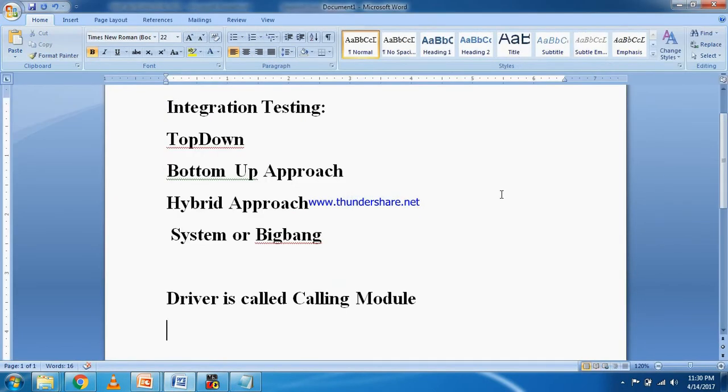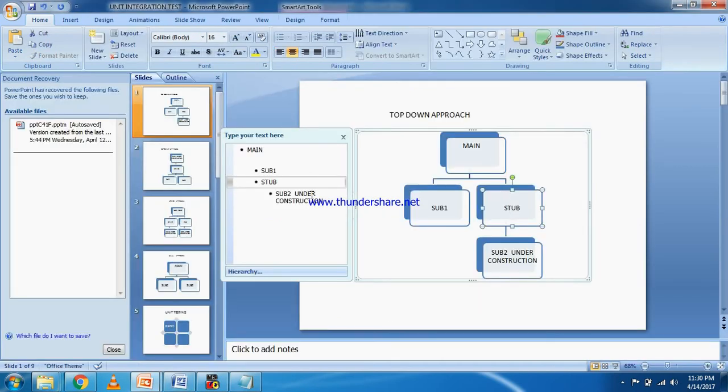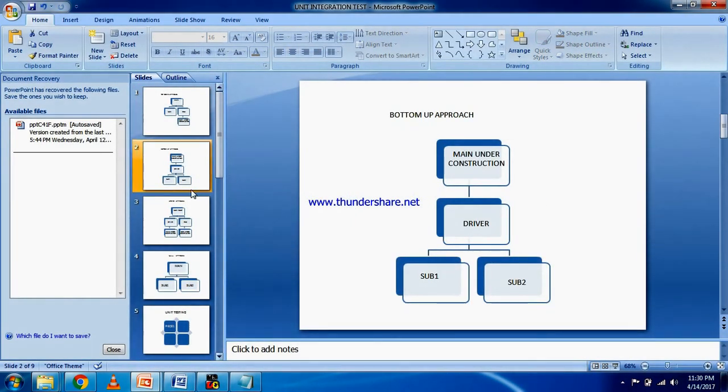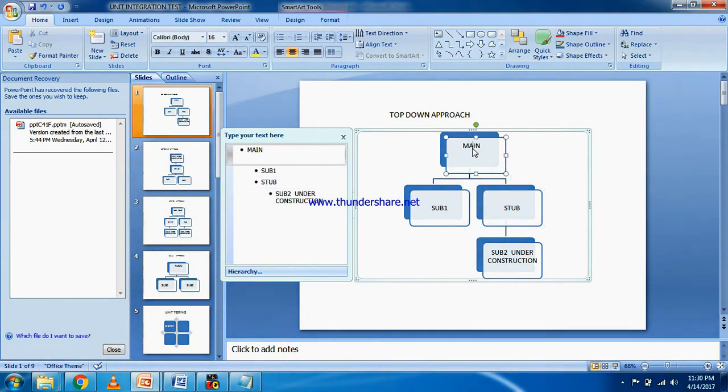Why am I telling like this? Because it is called by the main module. Okay, you can see here the stub is called by the main module. Okay.